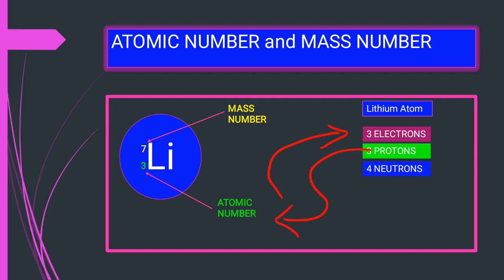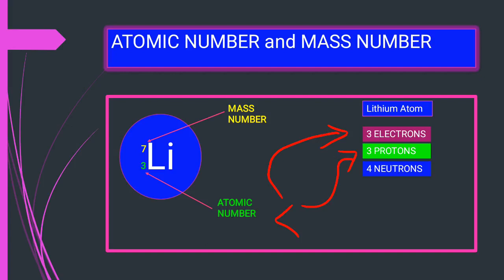And from that, we can conclude that lithium has 3 protons. You can see that. It also has 3 electrons. But note that the number of neutrons is different, because it has a total of 4 neutrons.